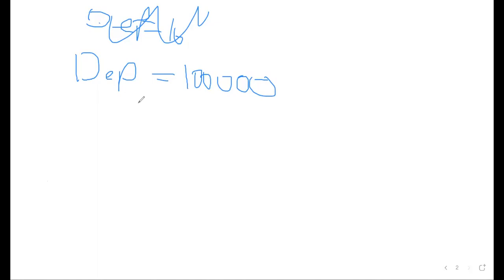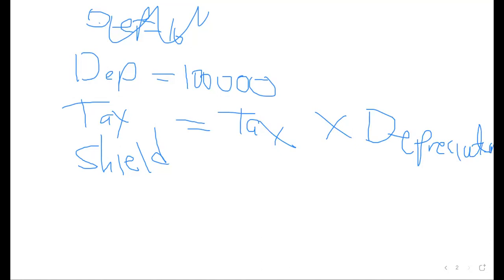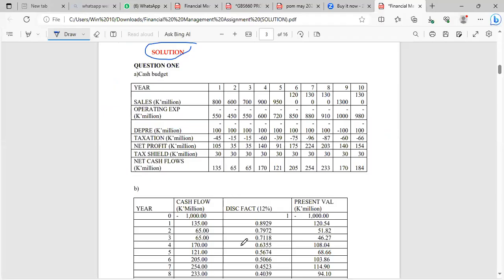So when we're talking about the tax shield, tax shield is equal to tax multiplied by depreciation. So this is why we're having a tax shield of 30 throughout, which should be added.